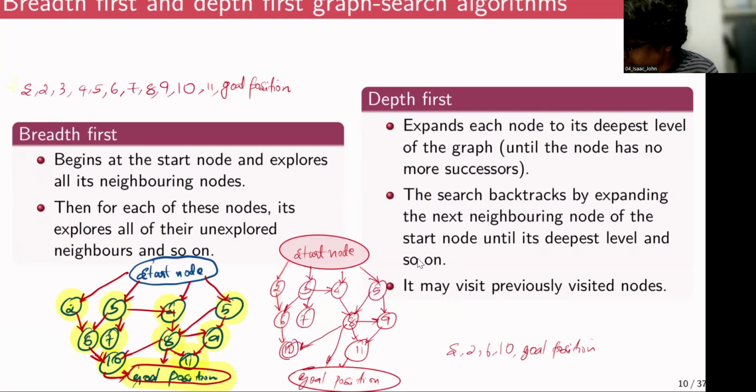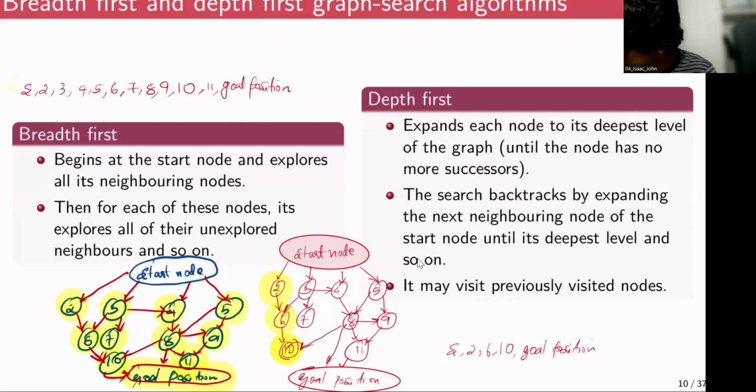So it will explore node 2, node 6, and node 10, and it cannot go any deeper from node 10 because it is not further connected down. So what it does is it backtracks. It moves from 10 to 6, and then it tries to branch from 6 to some other point. Then it backtracks to node 10.